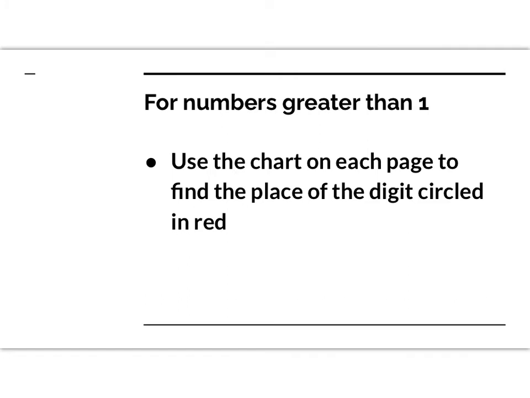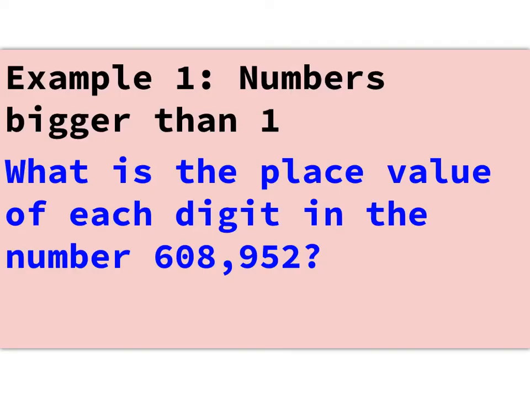So we're going to use the chart to find the place of the digit circled. So our first example, numbers bigger than 1. What is the place value of each digit in the number 608,952?